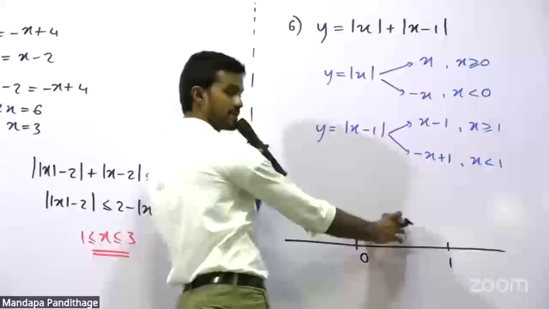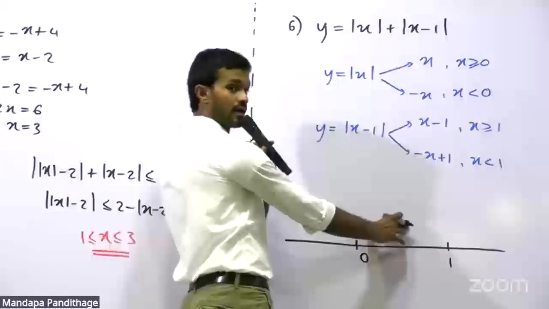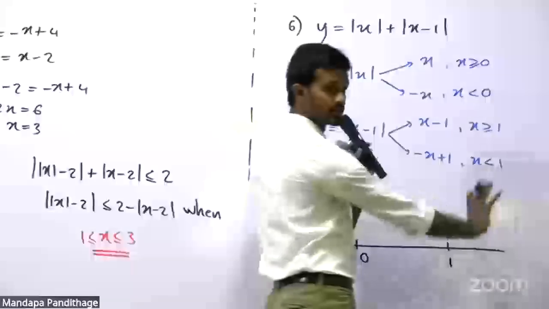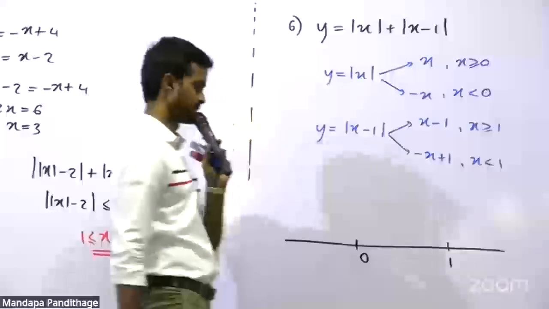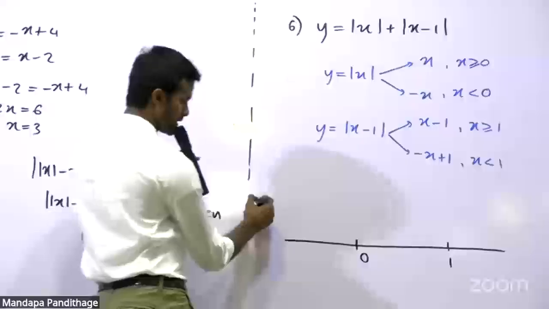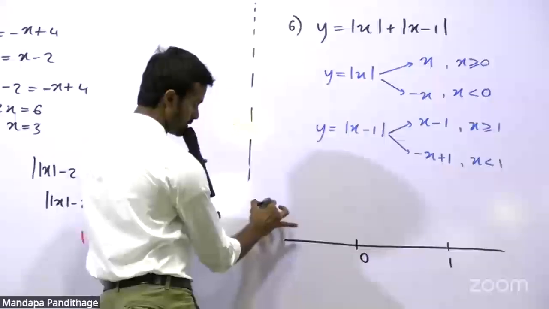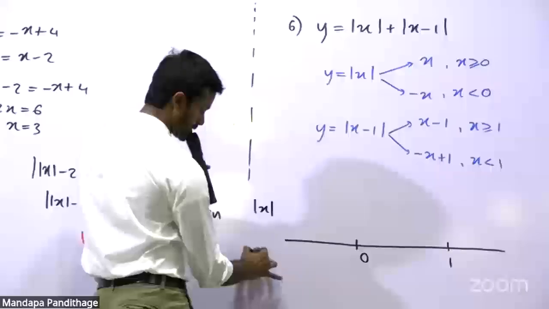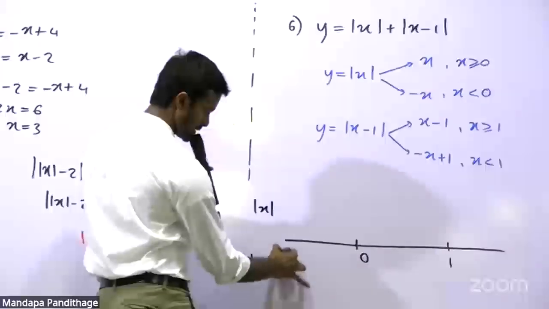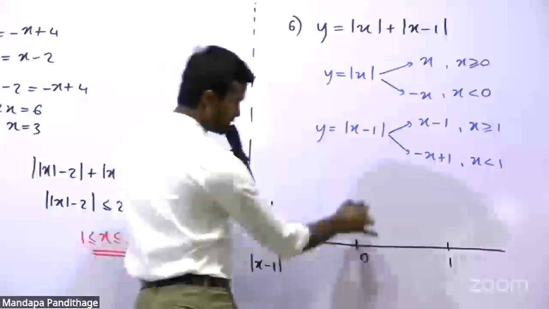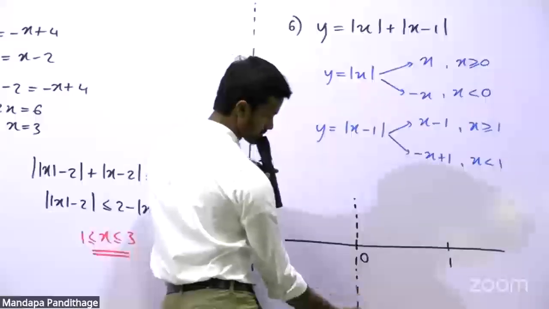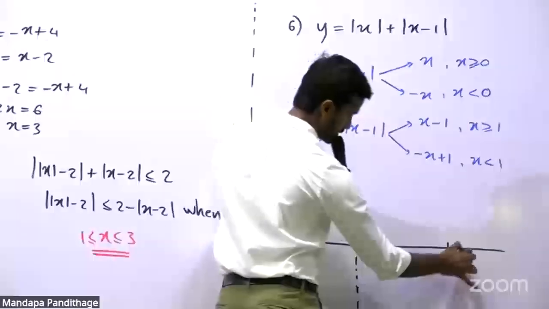The other range is greater than 0, less than 1. This range is greater than 1. Here I'm considering modulus x. Here I'm considering modulus x. Here I'm considering modulus x minus 1. So we have three ranges. Now, asking a question.